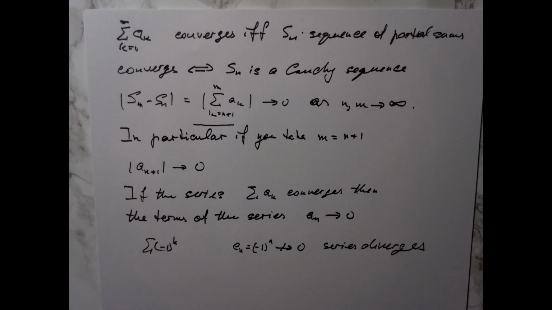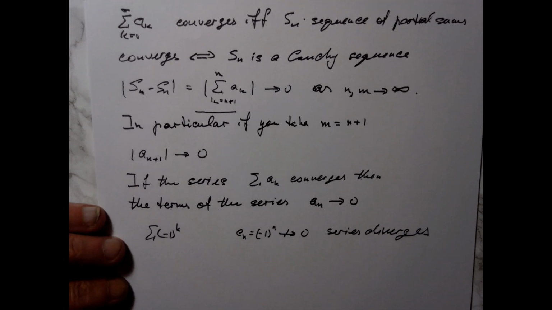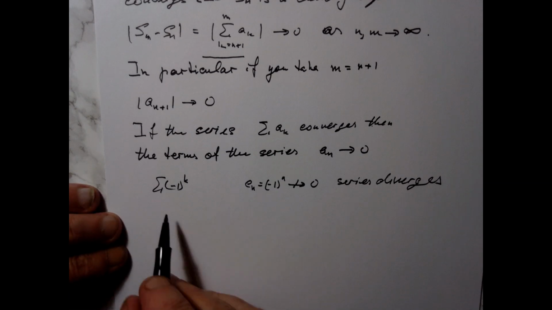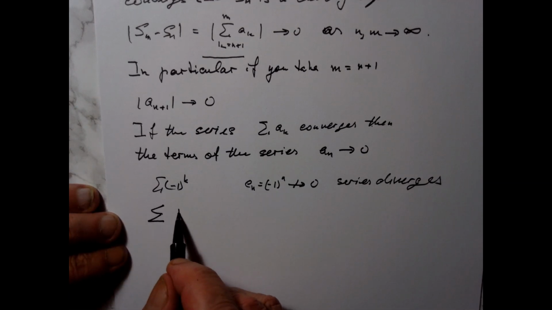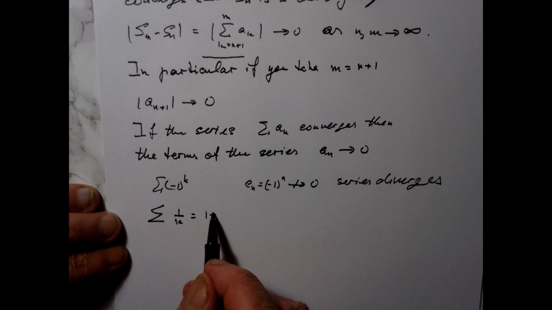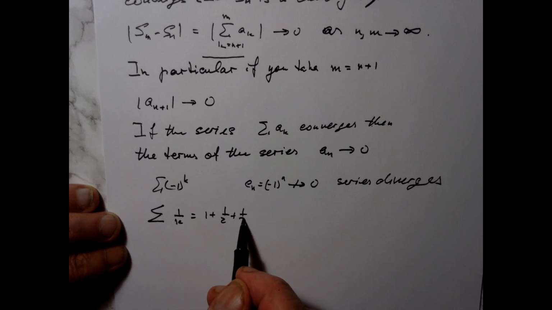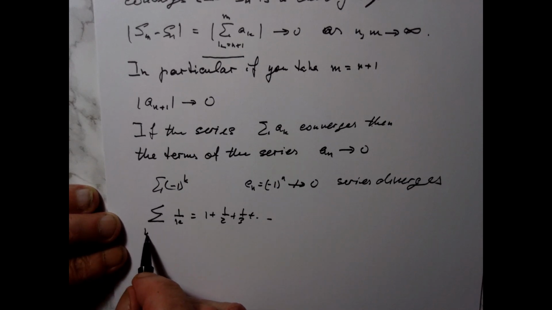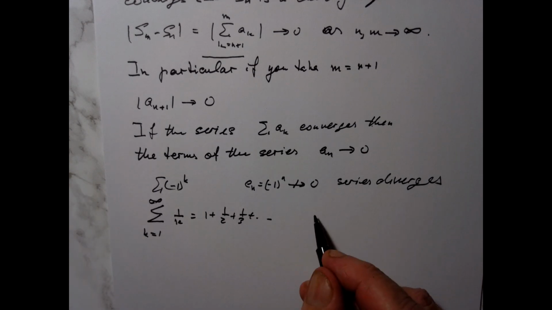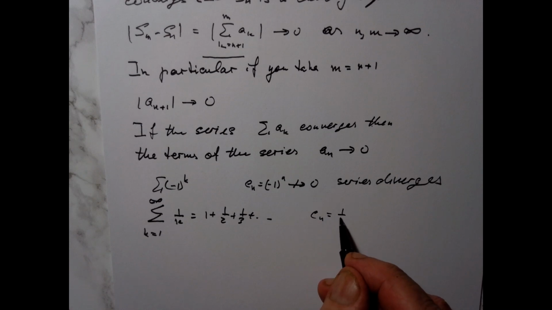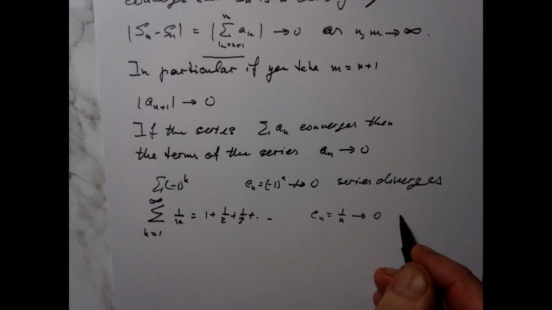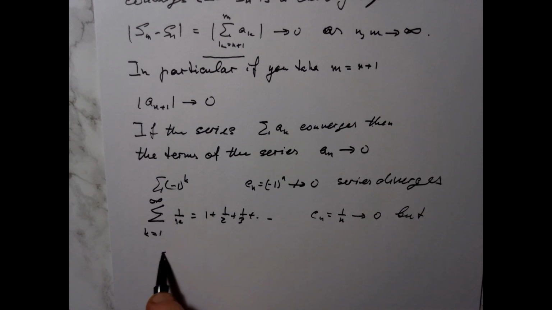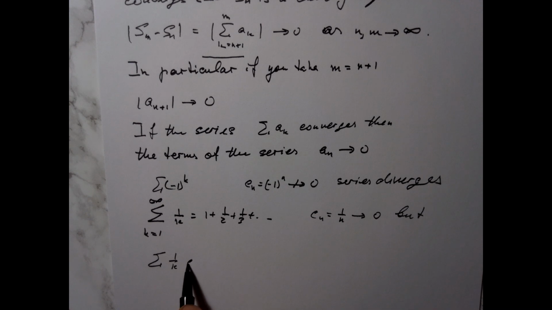Later on, we're going to show something that I'm sure you already know from your other classes, like Calculus 2, that if I look at the series of the form 1 over k, so this is 1 plus 1/2 plus 1/3 plus etc., where k starts from 1 to infinity, then the terms of the series, the c_n here, is equal to 1 over n, and it converges to 0, but, and we haven't proved it yet in this class, but we will, the series 1 over k diverges.